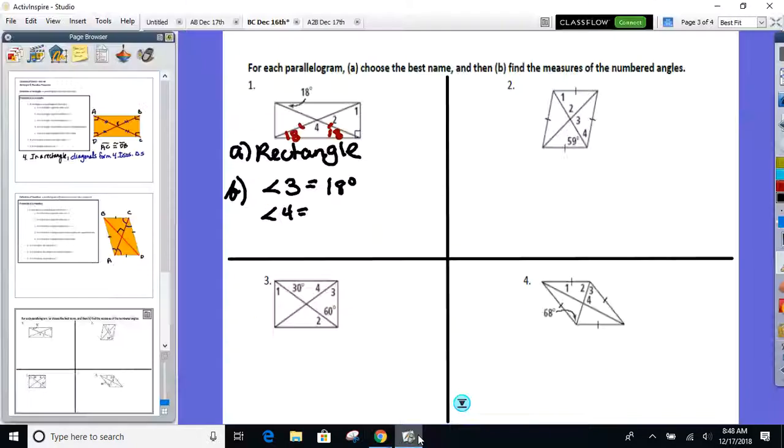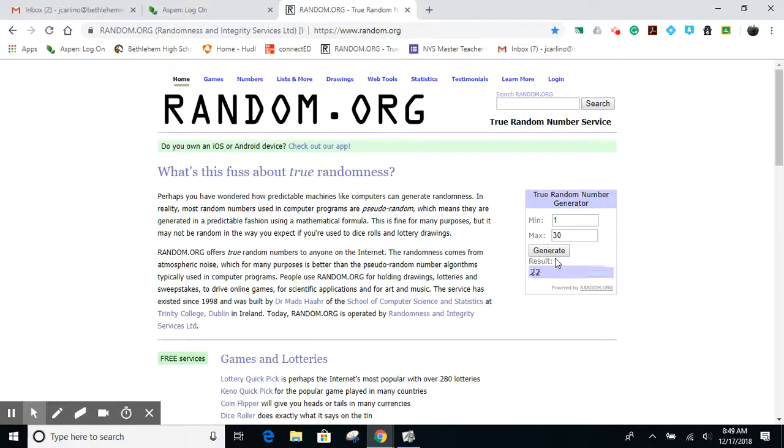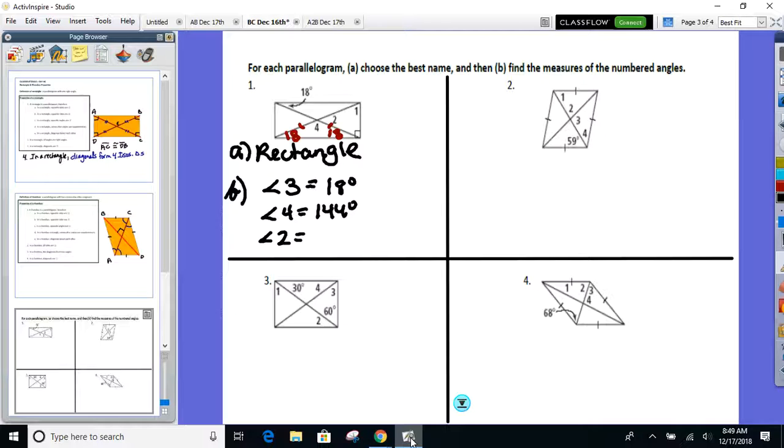Let's start it off. Angle 4. Look at that, huh? 144 degrees. Got it. I think we can go to angle 2 now. Because what do you know about angle 4 and angle 2 there, everybody? They are linear pairs, which make them supplementary. So what do you got for angle 2 now? 36.